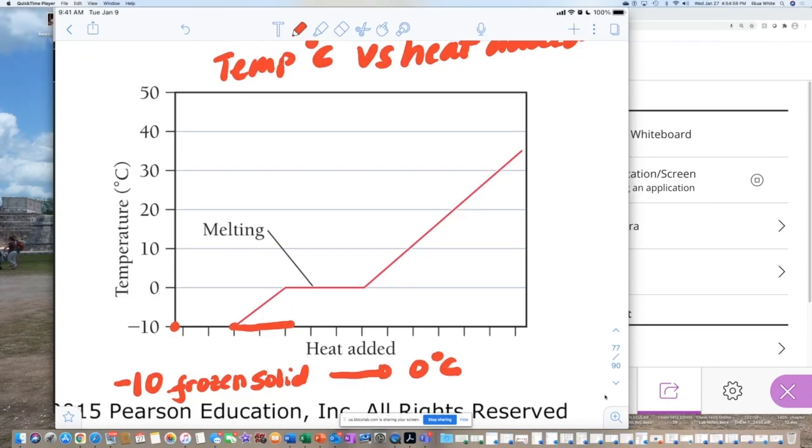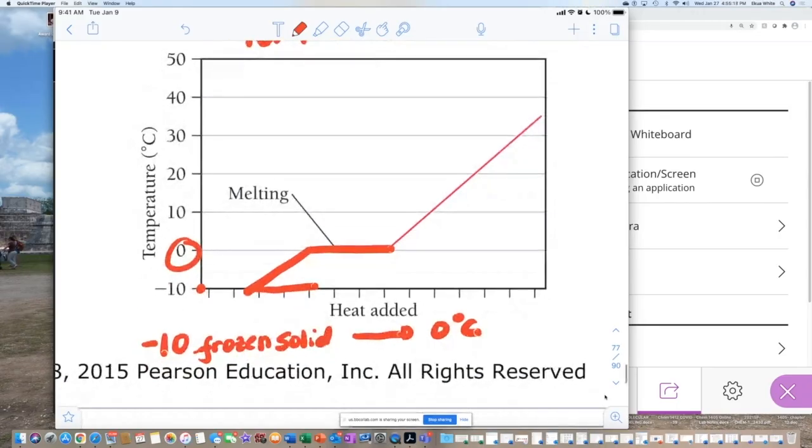So the temperature of the compound, whatever it is that you're heating up, increases until we get to 0 degrees Celsius. Now, I can almost hypothesize this is water because water is the one that melts at 0 degrees Celsius, right? At 0 degrees Celsius, like I said yesterday, melting takes place. In the beginning, you have a solid here, a solid there. At 0 degrees Celsius, we go from solid to liquid.